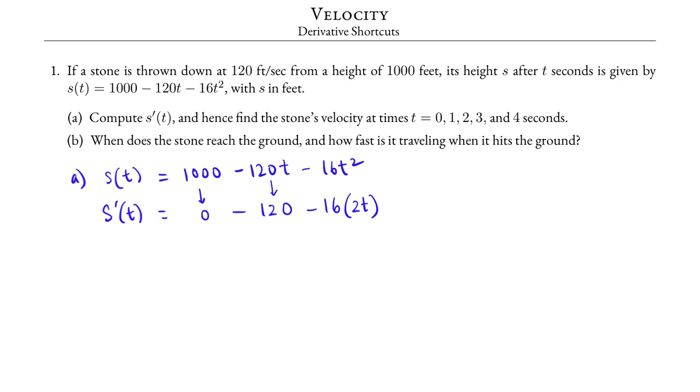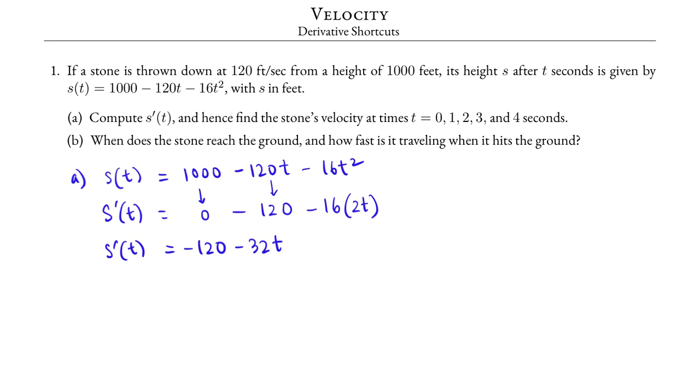We use the power rule for the third term, and for the middle term, it is linear, so the derivative is the slope. The first term is the constant, whose derivative is 0. Simplifying this, we have s prime of t equals negative 120 minus 32t.